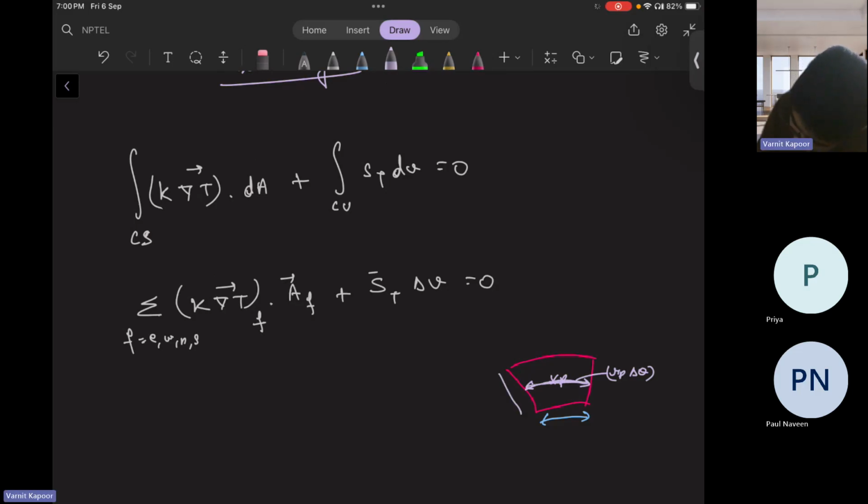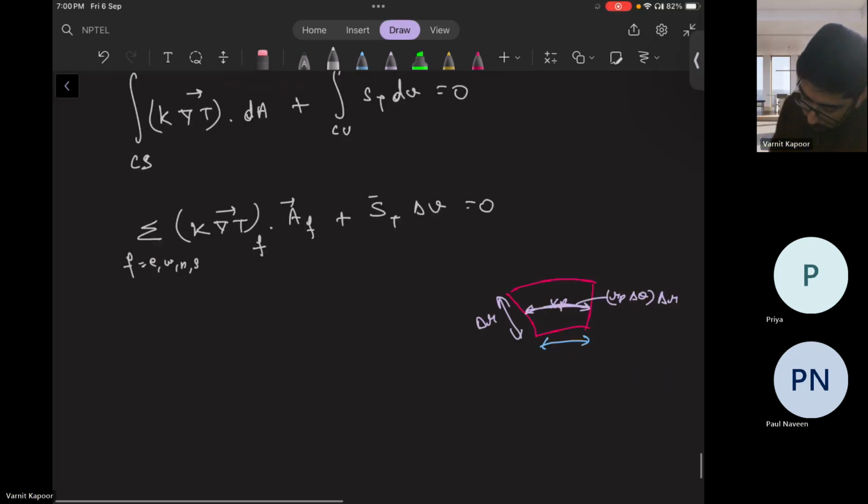And this is del R. So R P del theta del R, and in the Z direction it will be 1 unit. So your del V is R P del theta del R.